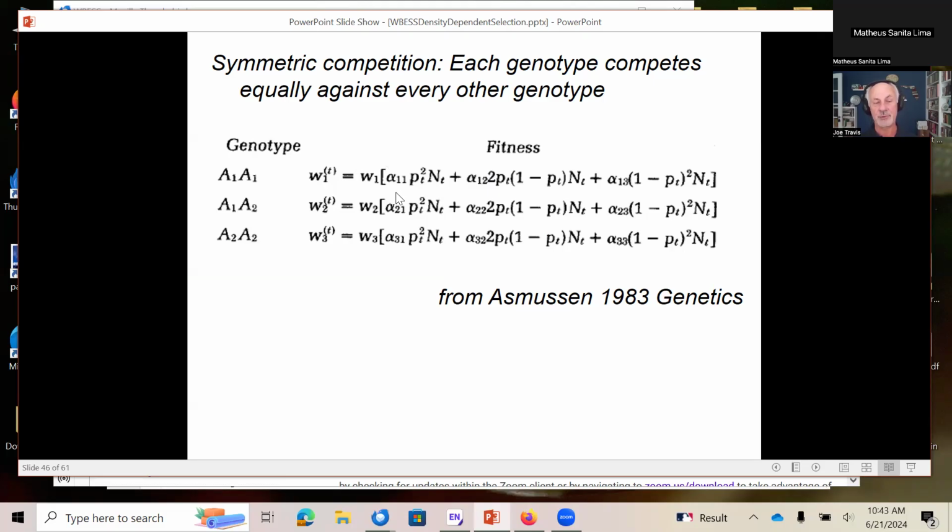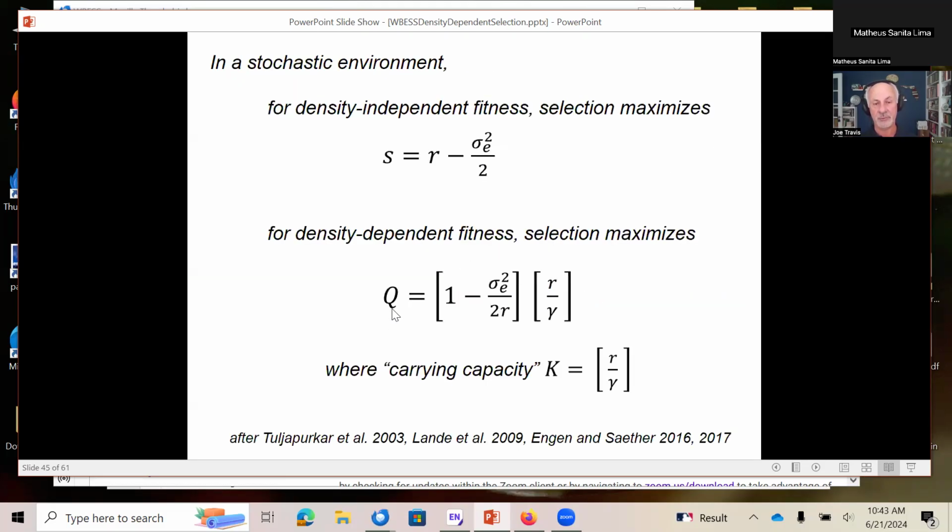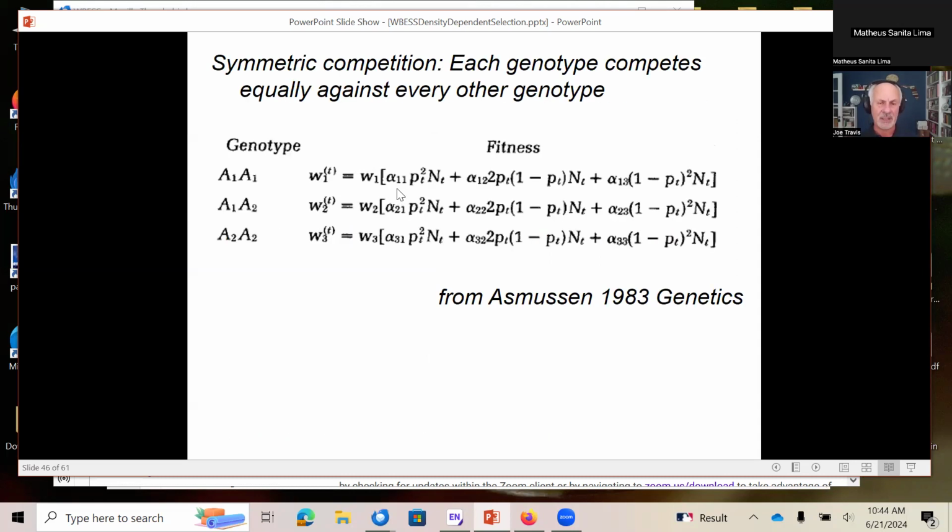That recaptures the standard theoretical result, as I showed you. Selection maximizes this quantity Q, the rate of increase divided by the sensitivity to the depressant effects of density. And you can get a comparable expression for different types of density relationships, not just logistic. You can get one for a Beverton-Holt relationship, for example. So that means that when there's symmetric competition, we recapture the classic result.